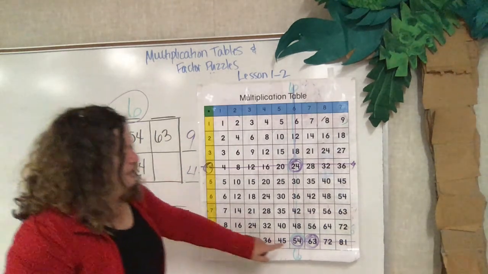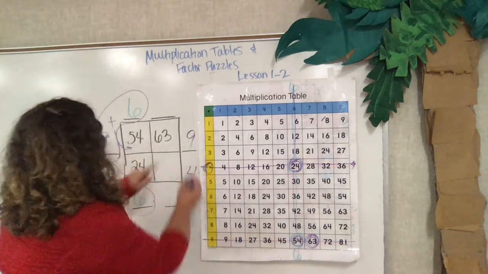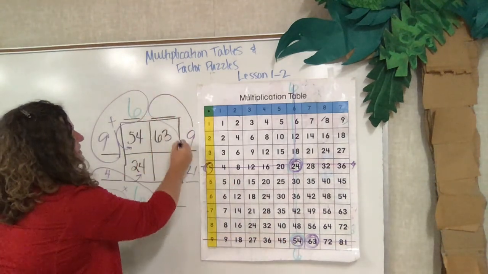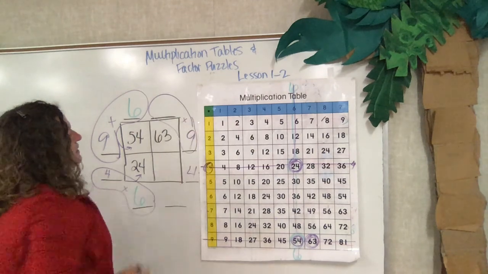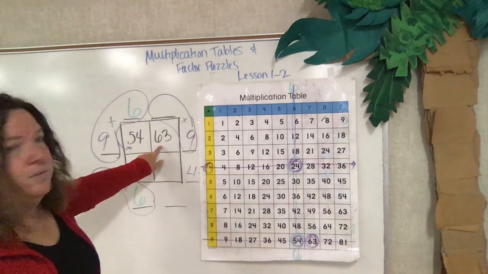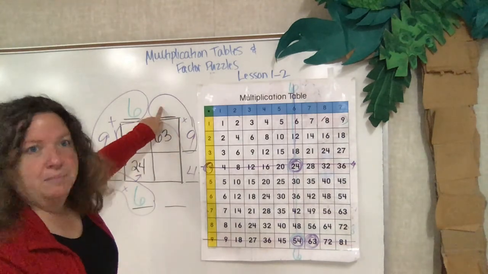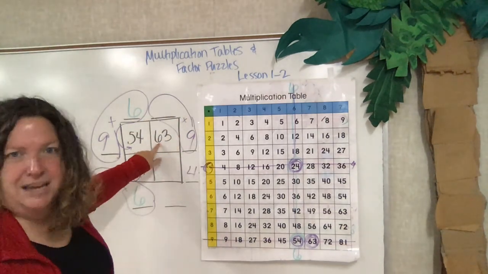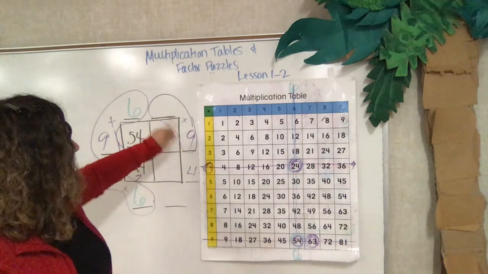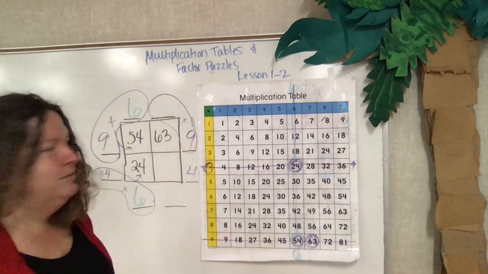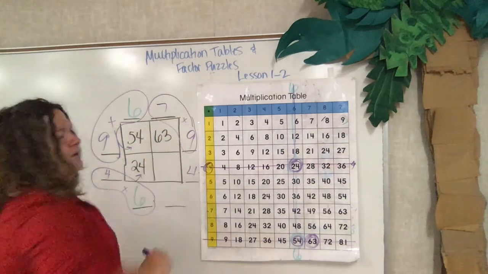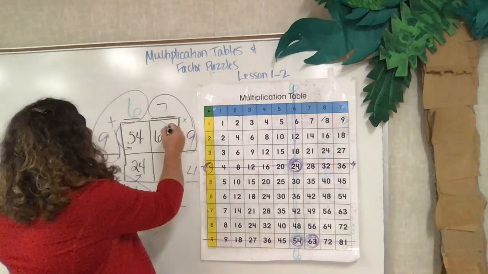What about this 63 now? We know 9 times something will give us 63. These two outside corner numbers, when we multiply them together, give us this inside box number. 9 times something gives us 63. You might know a fact. You might know, oh, I know that's 7. 9 times 7 is 63.